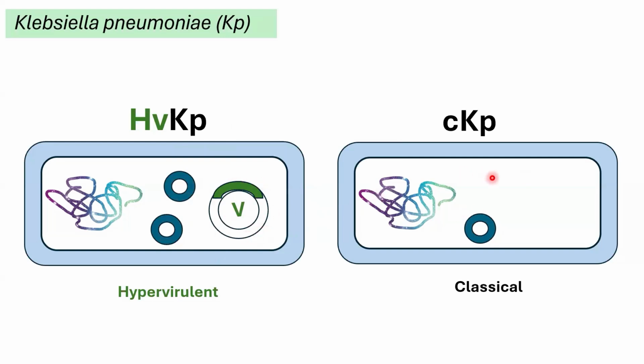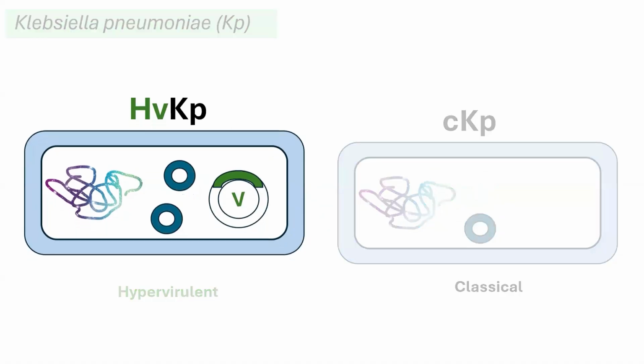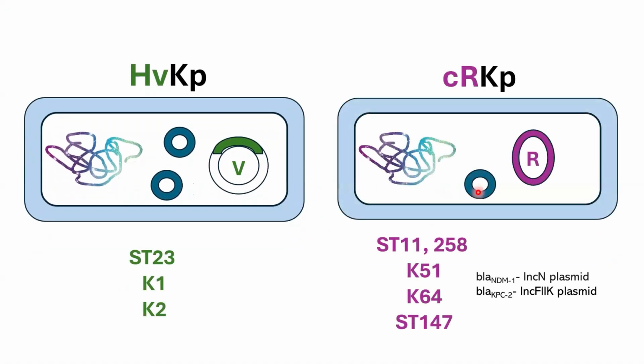Whereas the classical Klebsiella pneumoniae was classical because it was in hospital acquired infections and it was particularly susceptible. Then, in the last 20-25 years, certain clonal groups mentioned over here, ST11, 147, and 248, somehow acquired the carbapenem resistant plasmid, which is shown in purple color over here.